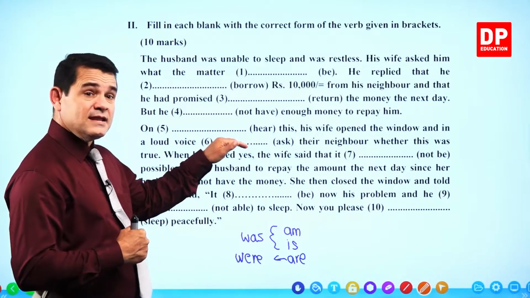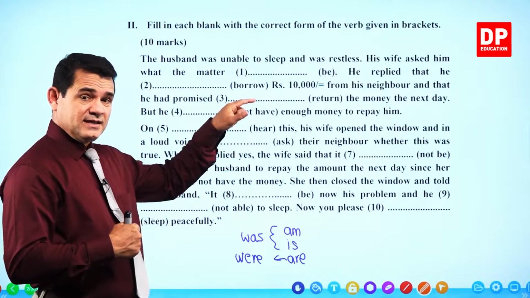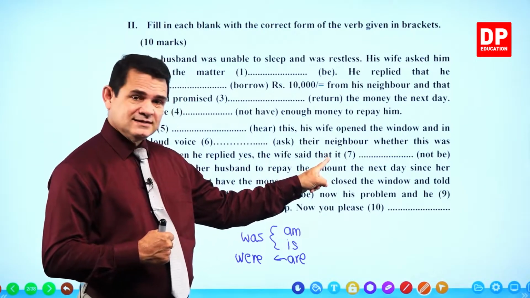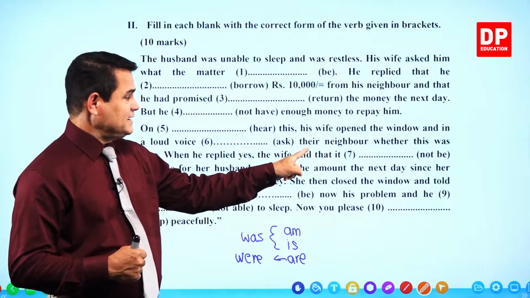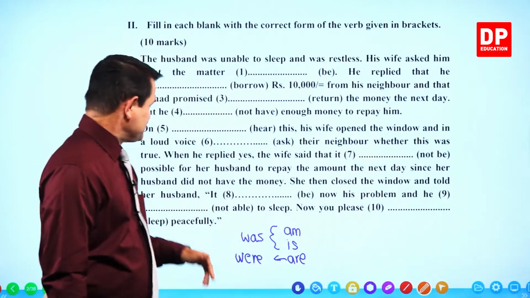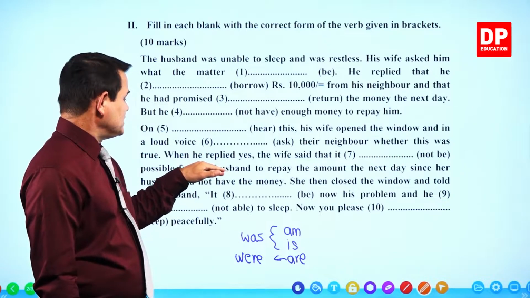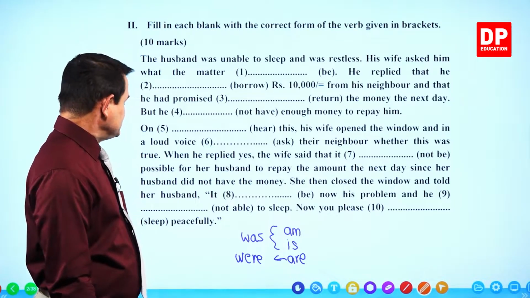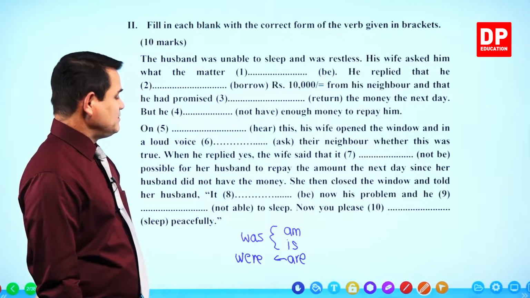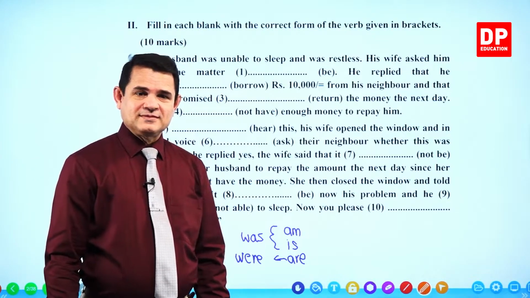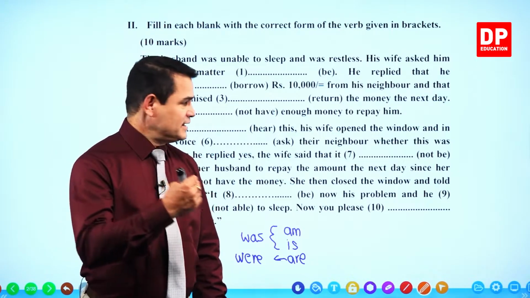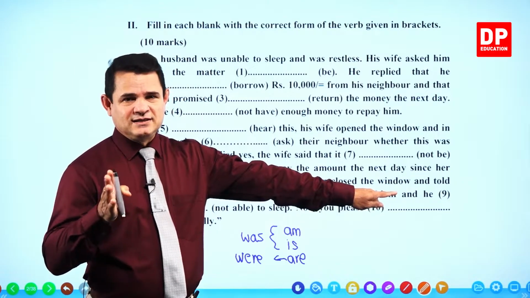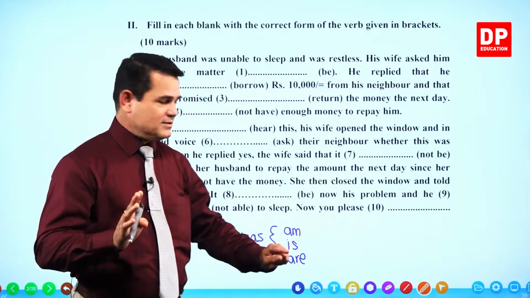When he replied yes, the wife said that it blank not be possible for her husband to repay the amount the next day since her husband did not have the money.